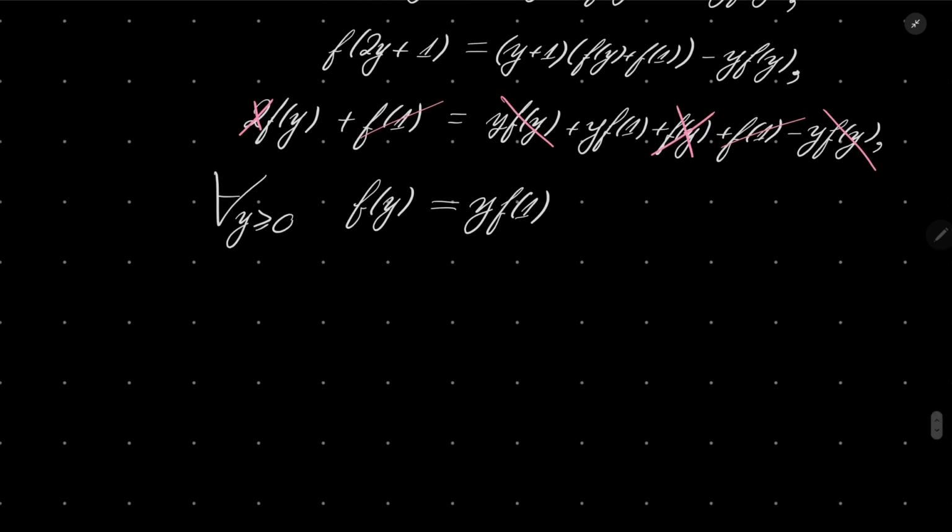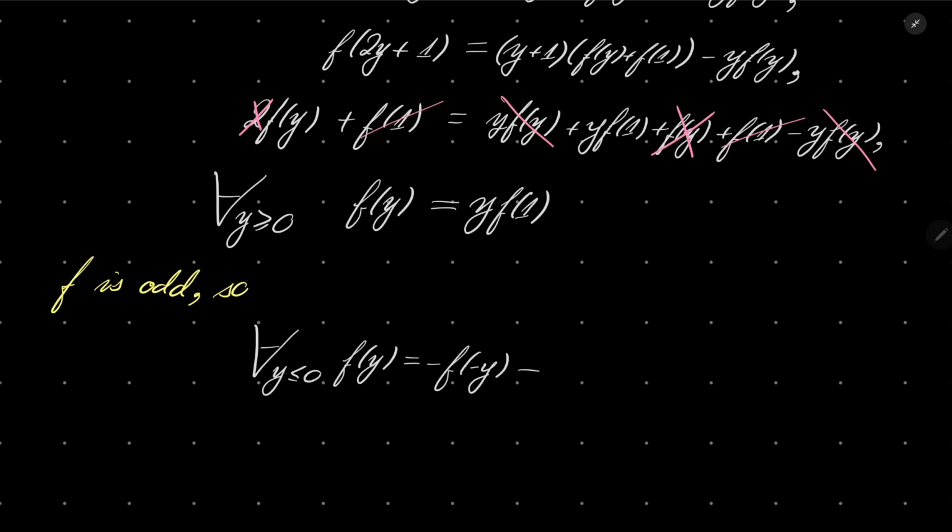What about negative y's? Well, notice that our function is odd. So for every non-positive number y, f of y can be written as minus f of minus y. And now minus y is non-negative, so it can be replaced by minus y times f of 1, so it's y times f of 1.